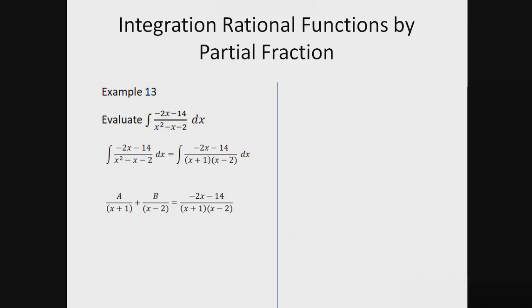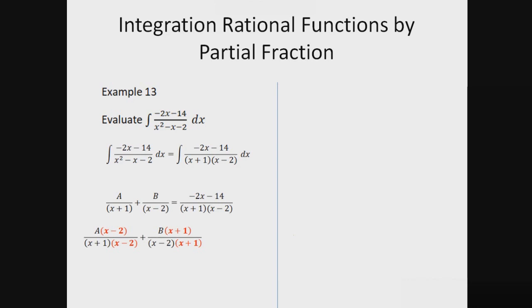Okay, before we do the integration, we have to solve the values of a and b. So we have to make all the partial fractions have the same denominator. So we have to multiply with a certain linear function so that the denominators are equal. So we get like this.